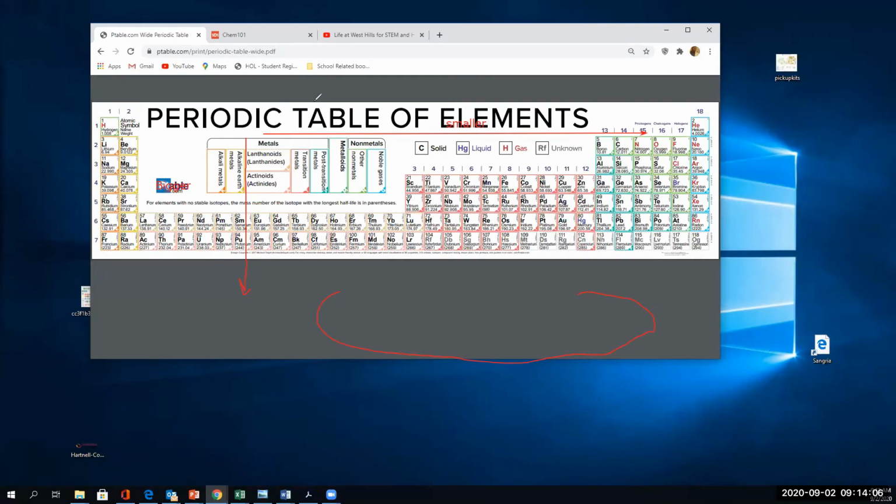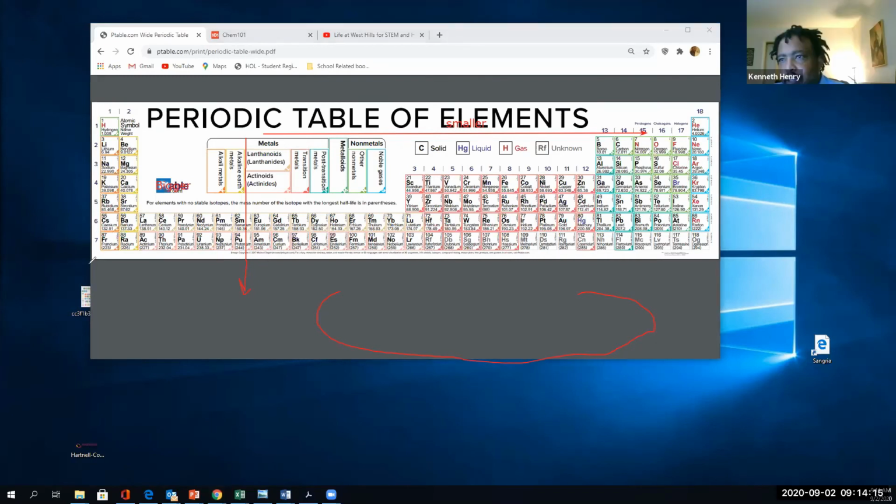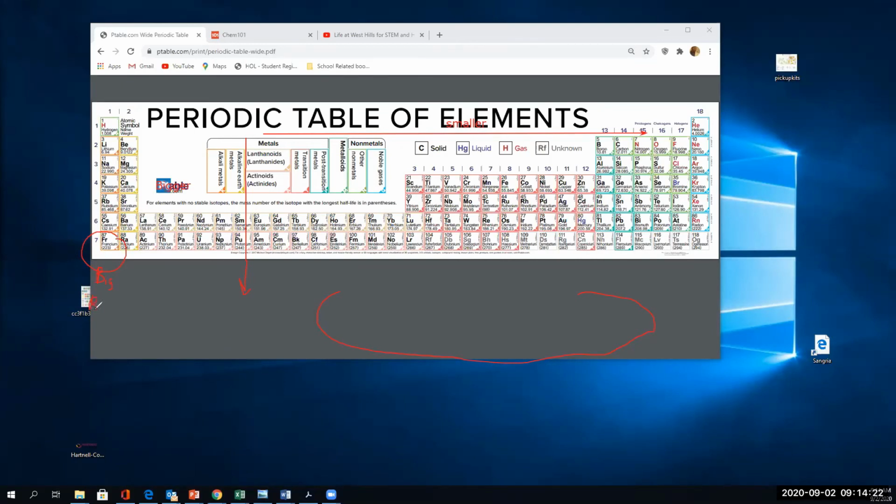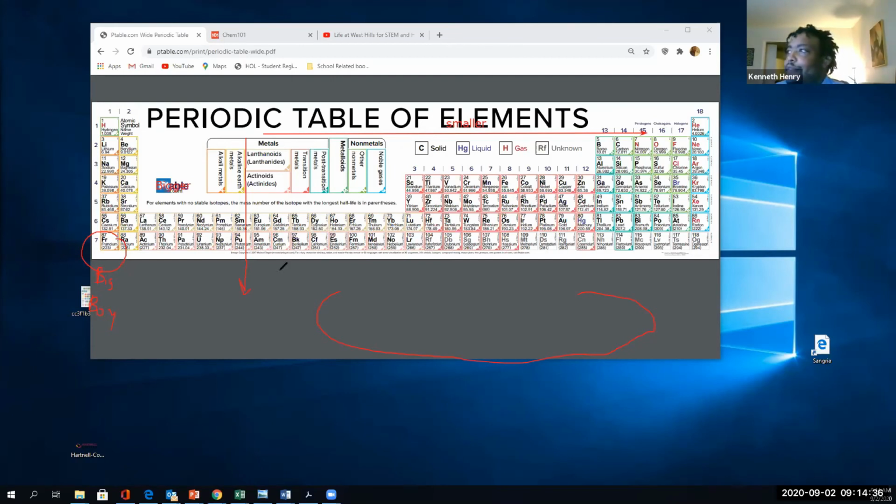Did you say hydrogen? I don't know what the FR says at the bottom. Francium? Yep. So francium is going to be our biggest. It's going to be the big boy. And then who's going to be the smallest? Okay, so then it would be hydrogen. Nope. Helium? Helium is going to be the smallest.